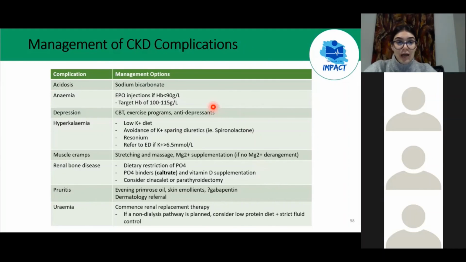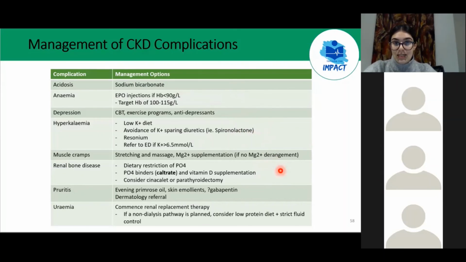But the main things I wanted to highlight were mainly EPO injections, which are super important for people with chronic kidney disease in order to make sure they're not anemic. Making sure that hypokalemia is avoided, and that if there's a potassium above 6.5, then they go straight to ED.